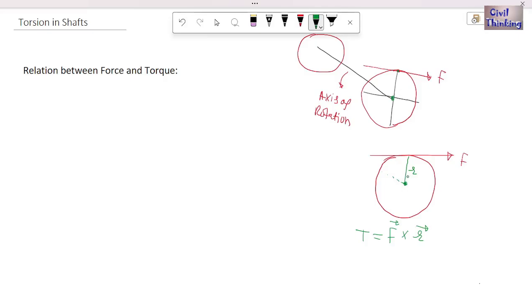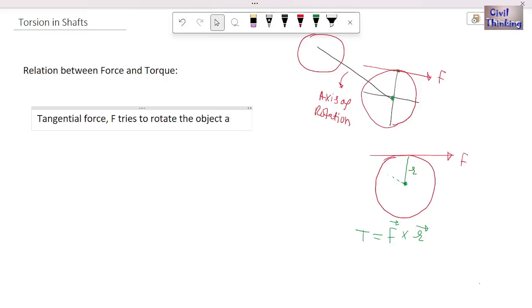If I write about this here, tangential force F tries to rotate the object about the axis of rotation, and as a shortcut we write it as AOR, which means axis of rotation.